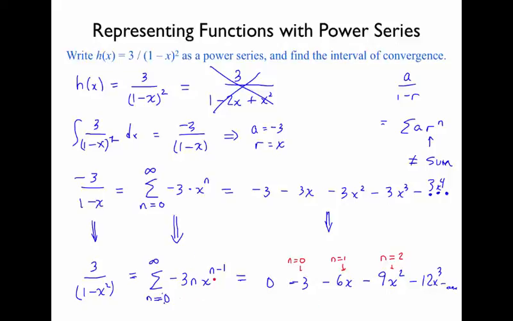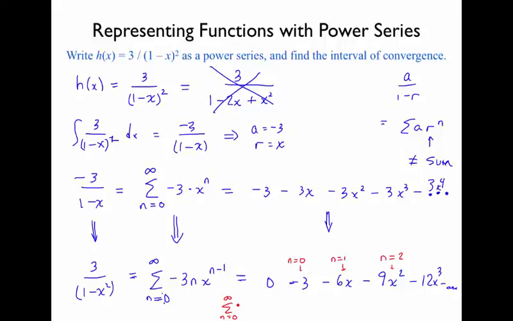So we're rewriting this in a cleaner way. Because you might come up with this, and then WebWork might want it n equals 0, x to the n. So that means this has to be the 0 term, and this has to be 1, and this has to be 2. So if n equals 0, I need to have -3.